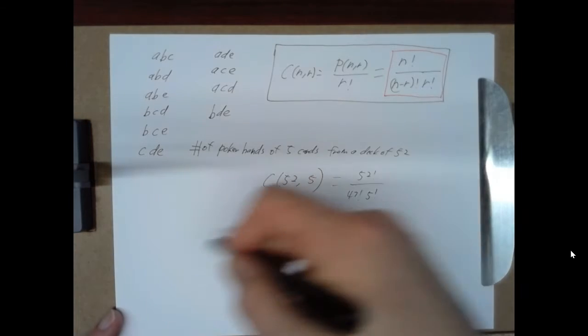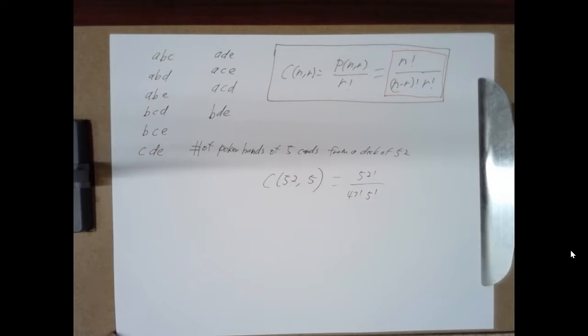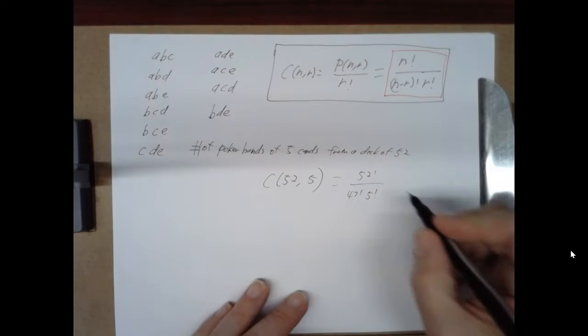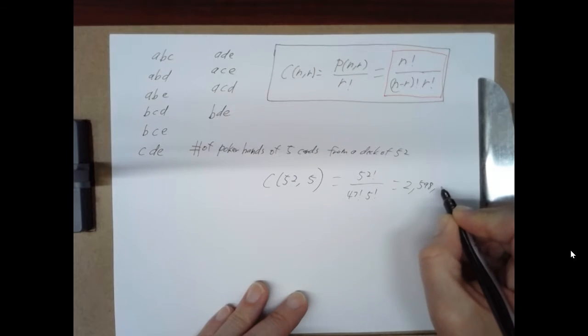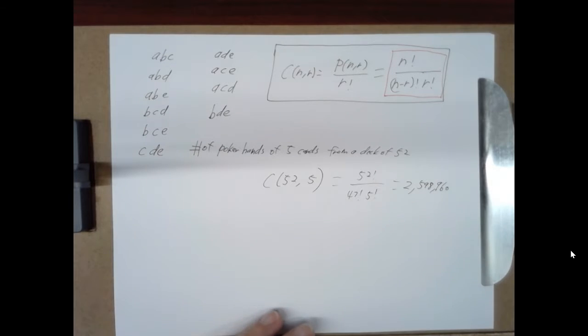But here's an indirect proof that it's always going to be integral, because it's the number of combinations, which has to be an integer. This turns out, by the way, to be 2,598,960.